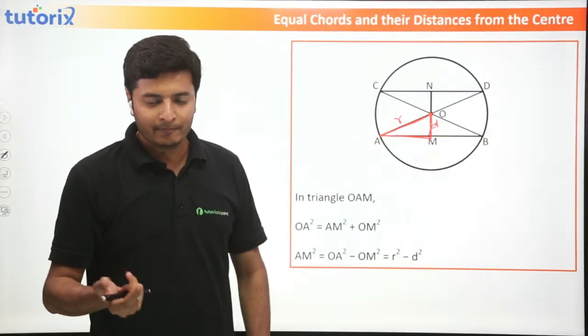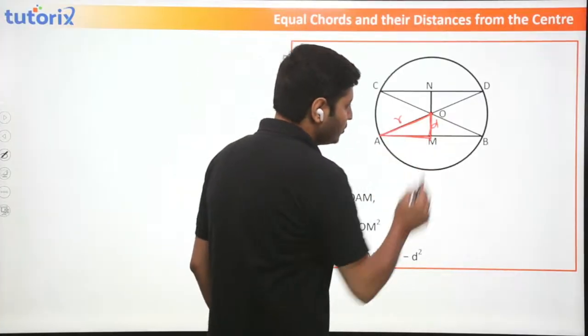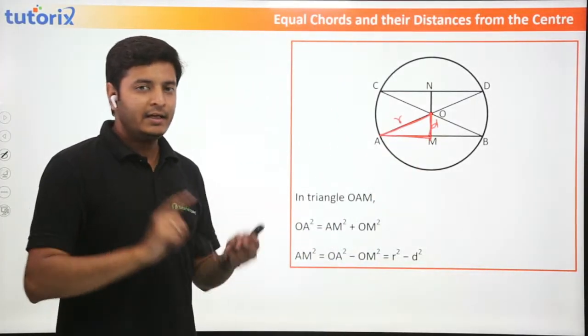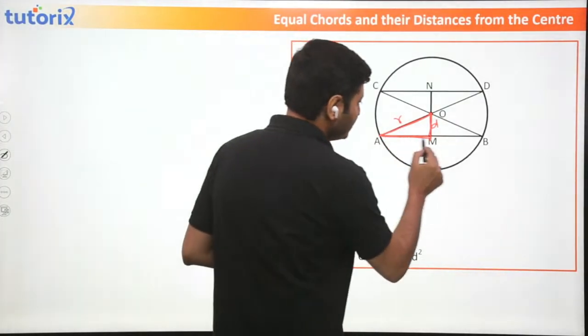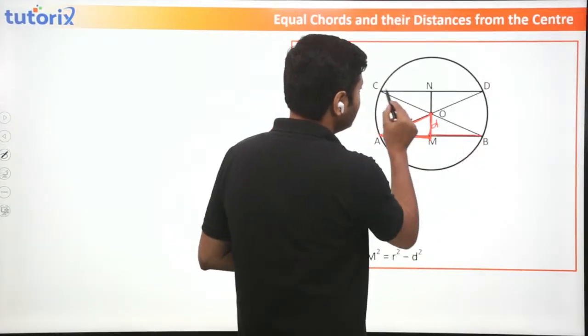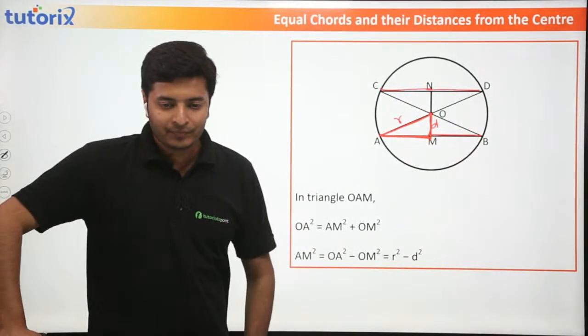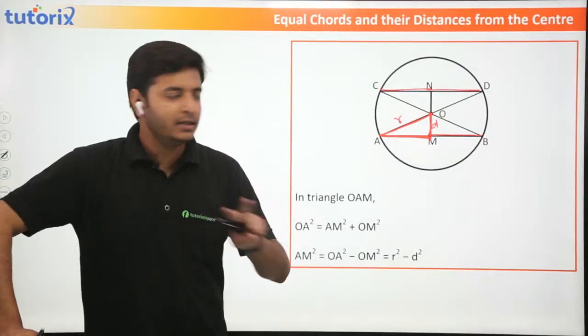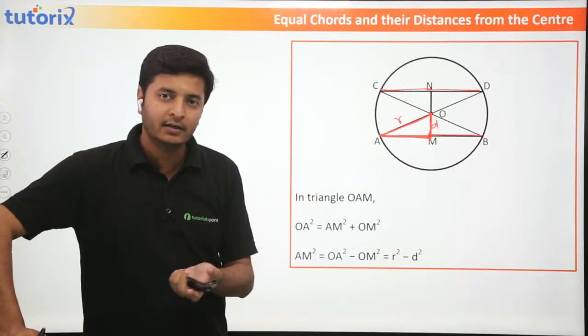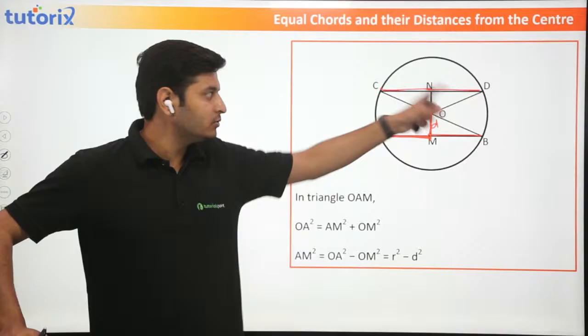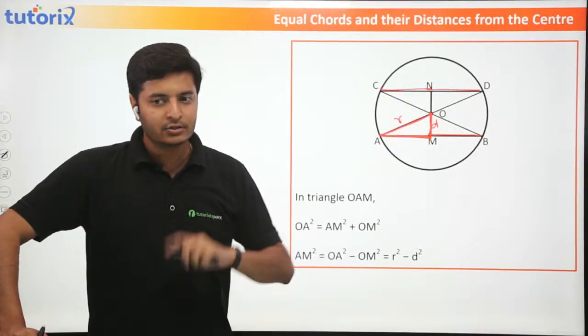So R and D. Only AM is not known to us. If somehow I can prove that AM, MB, CN, and DN are all equal, then we can add the two parts, and then we are going to get that AB is equal to CD, correct?